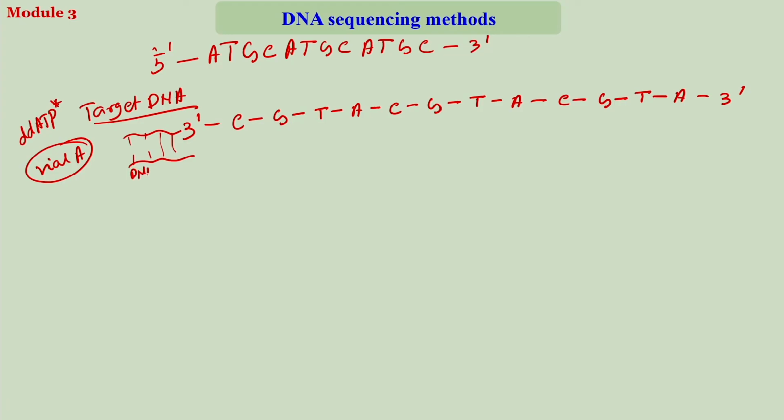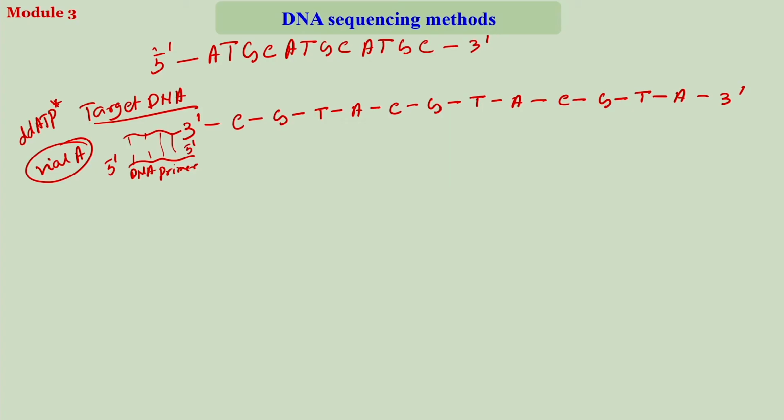This one was the DNA primer. So we will not consider that part now. We will see what happens after the primer, after you start your reaction basically. So this is your 5'. Here it is basically starting with the 5'.